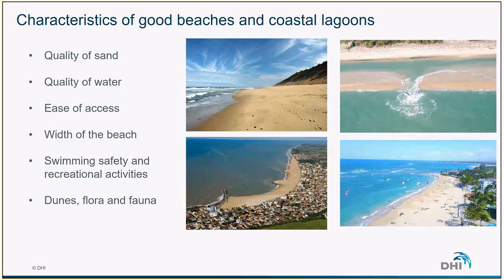Then the swimming safety and the recreational activities that are available in this area are also important. We want to be able to go and swim safely, so avoid rip currents as illustrated in the top right picture. And finally, the dunes and flora and fauna around the beach are also something that make a beach a bit better than another.